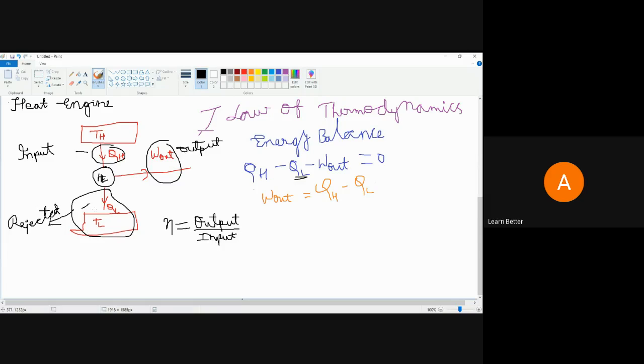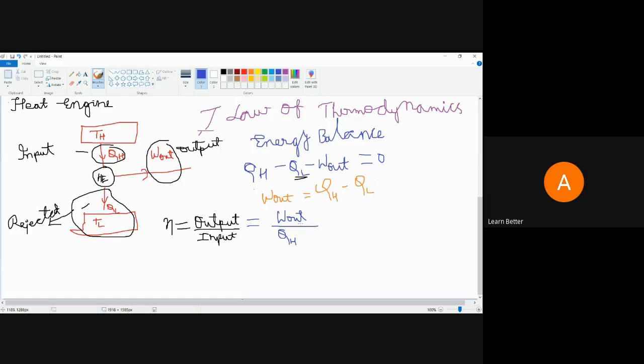Now I told you efficiency eta is equal to output divided by input. Let us expand this with proper notation. The output is the work output, divided by the input, which is the heat transferred from the high temperature reservoir, QH.